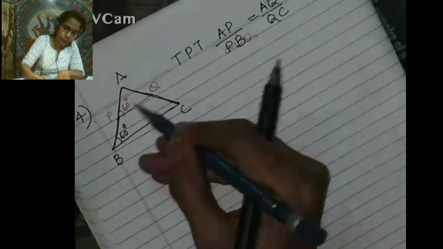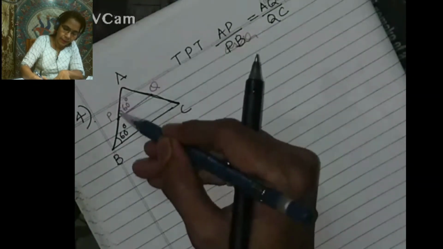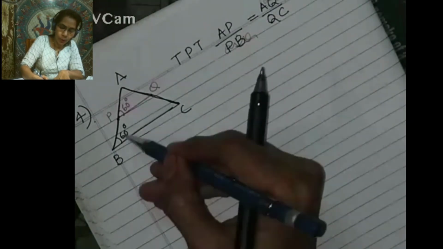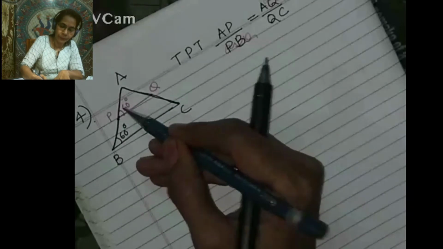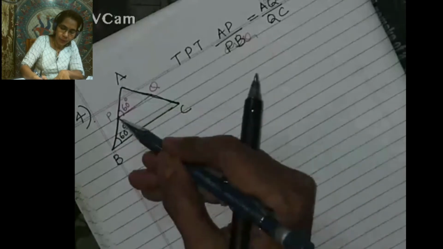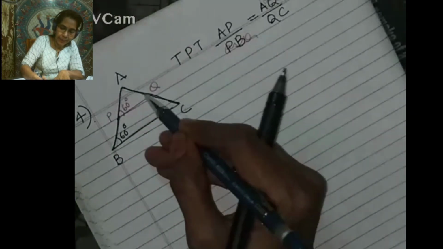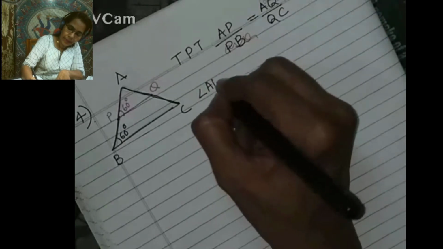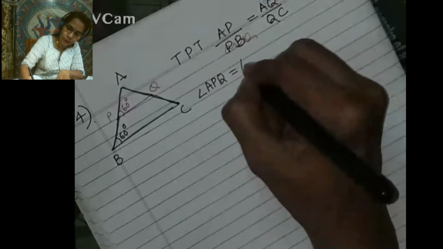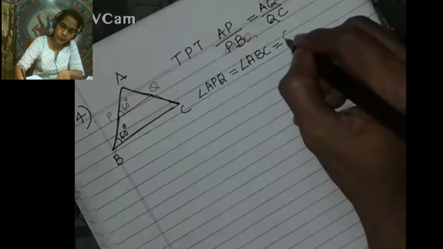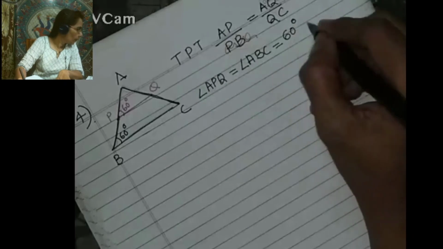Angle APQ is 60 degrees. Angle ABC is equal to 60 degrees. Both the angles are equal. If I consider triangle APQ and triangle ABC, angle APQ is equal to angle ABC is equal to 60 degrees.